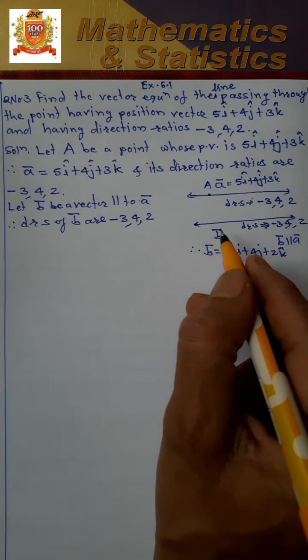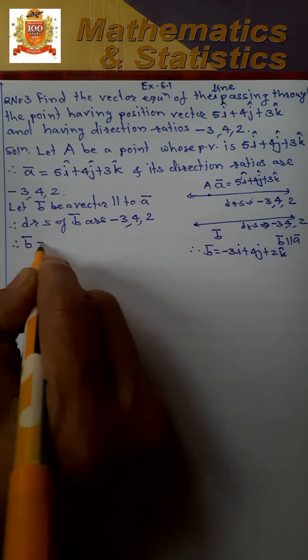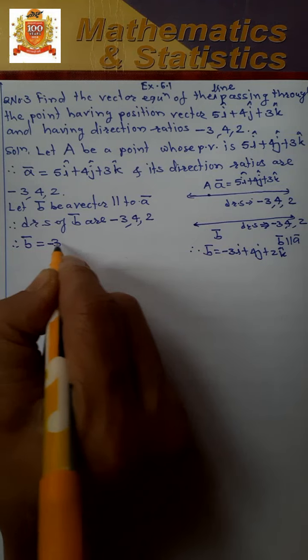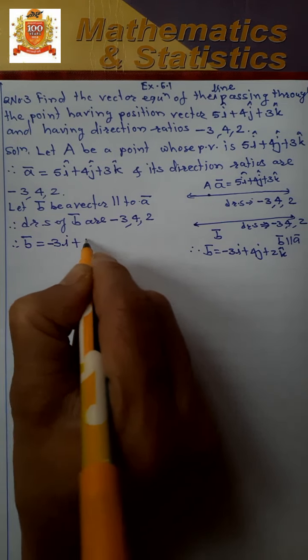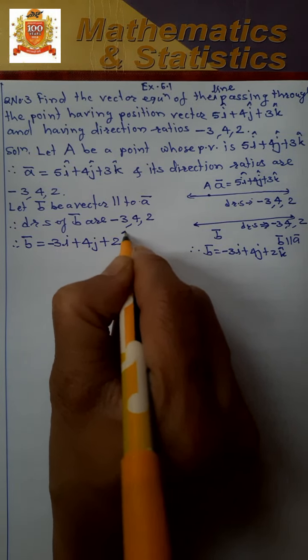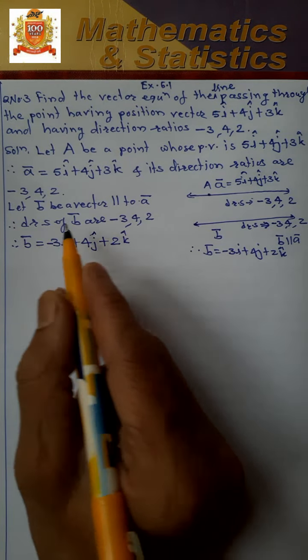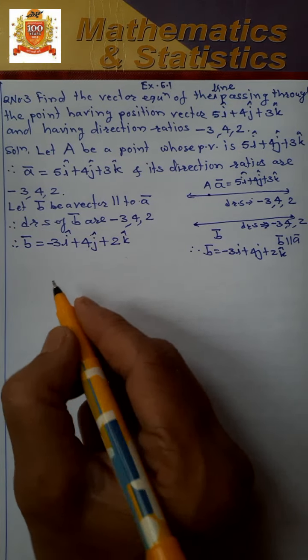Therefore, their direction ratios are the same. Therefore, B bar is equal to minus 3i plus 4j plus 2k, isn't it? In this way, we get A bar as well as B bar.